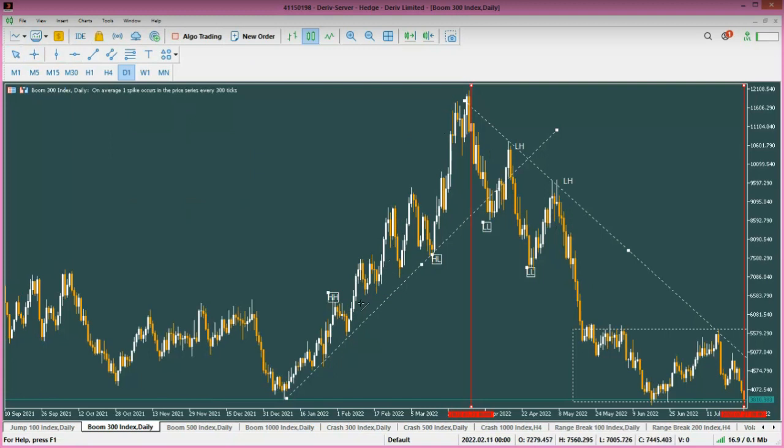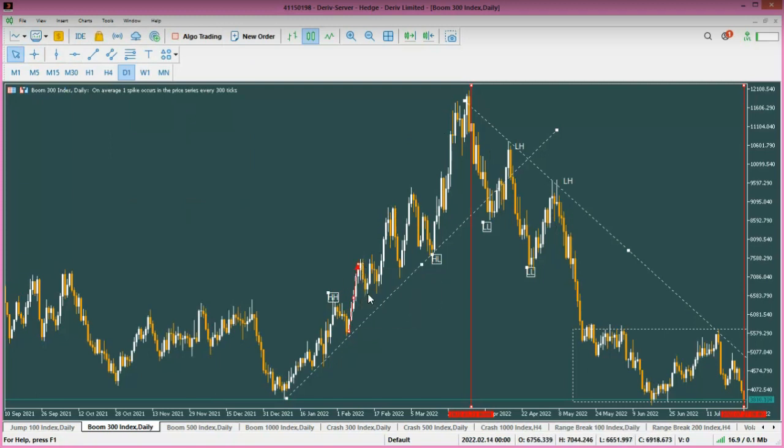Let's take, for example, from this point up to this point. This is an impulsive movement.